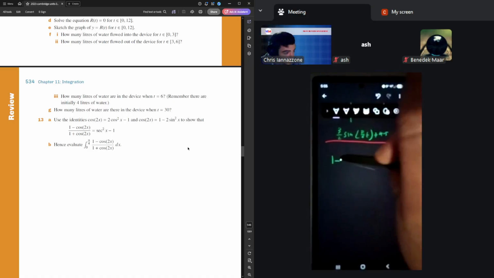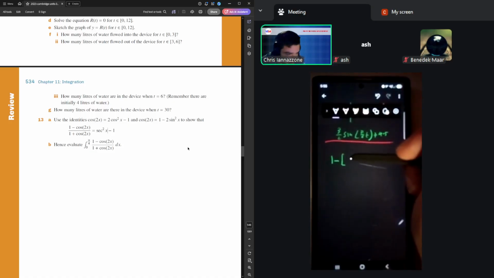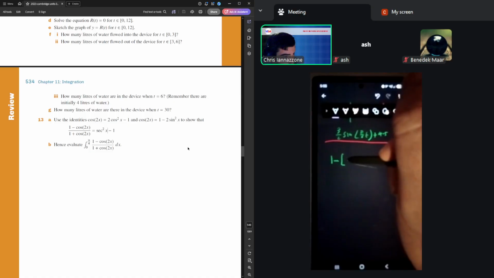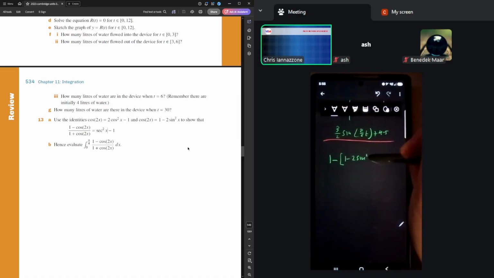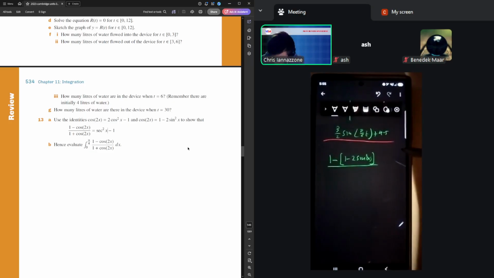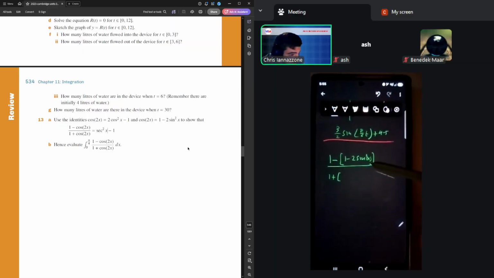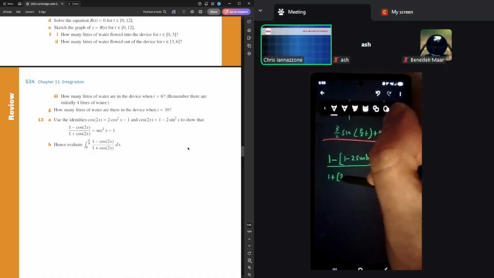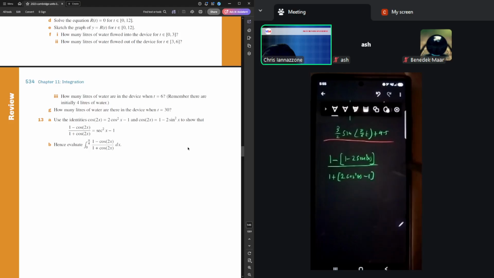It's going to have 1 minus on the top, and we said we are going to do the second identity there, so replacing the cos 2x with 1 take 2 sine squared x. And then on the bottom, we're going to have 1 plus the identity on the left, which is going to be 2 cos squared x take 1.